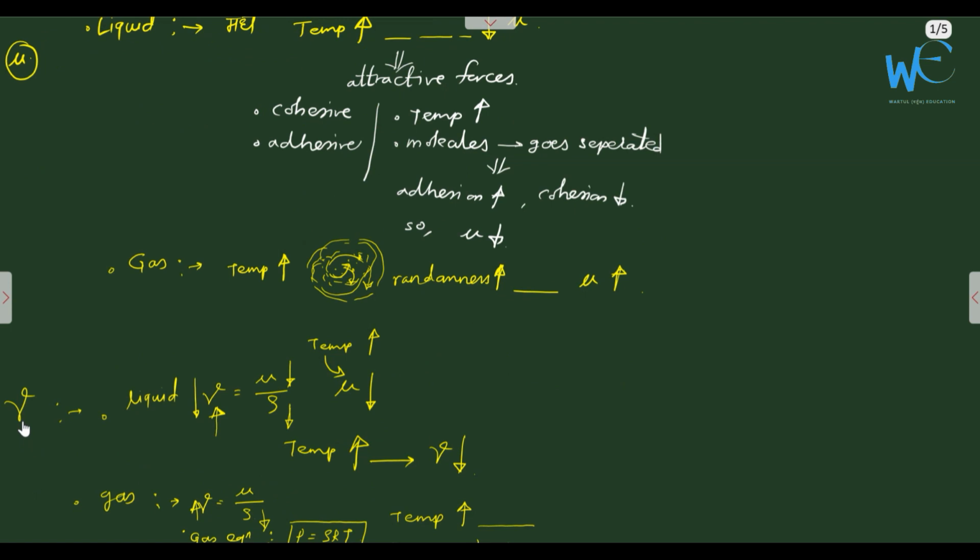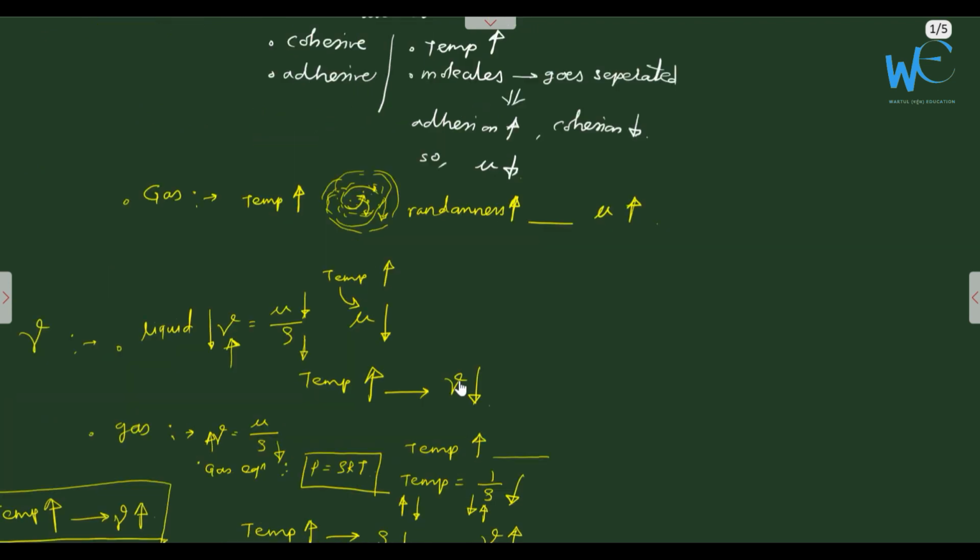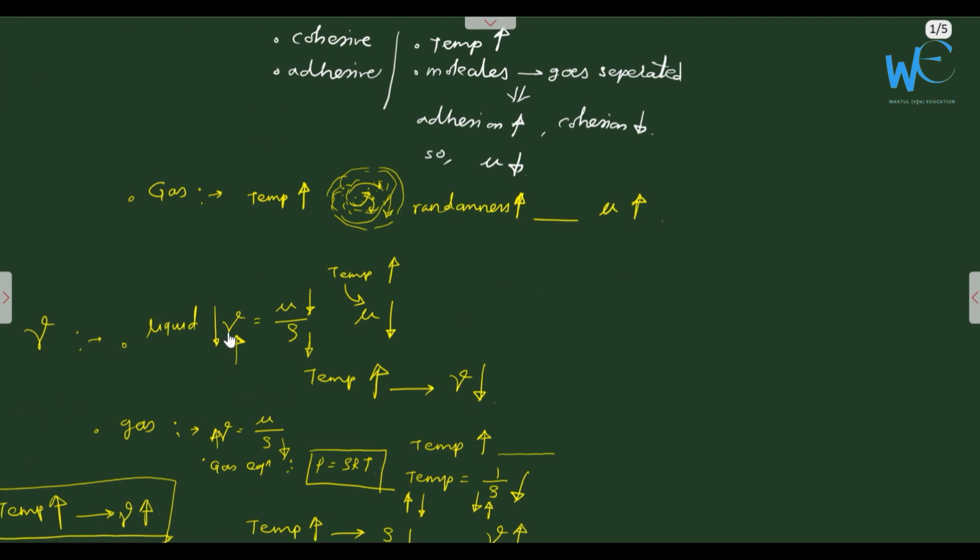In the case of kinematic viscosity, if I consider liquid first, I already told you there is one simple formula of kinematic viscosity, which is dynamic viscosity by mass density. When I raise the temperature, the viscosity has to decrease.